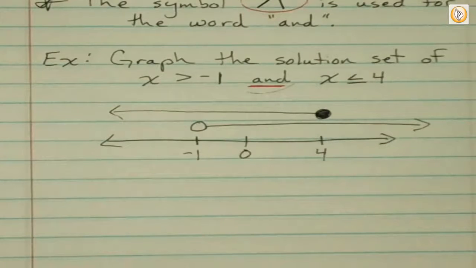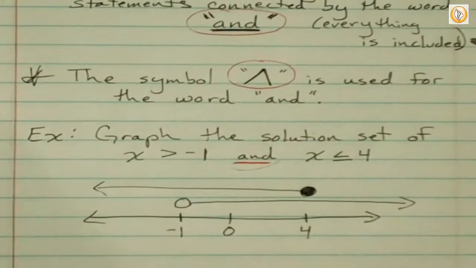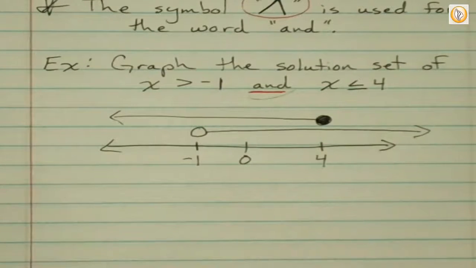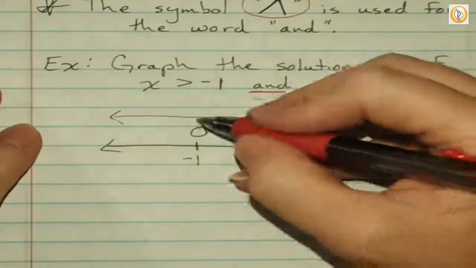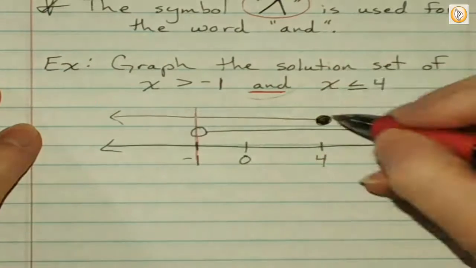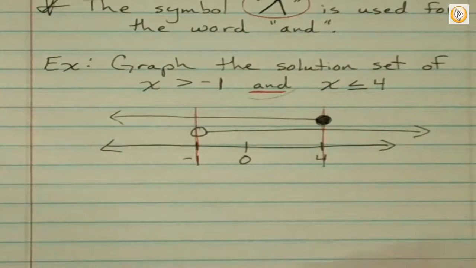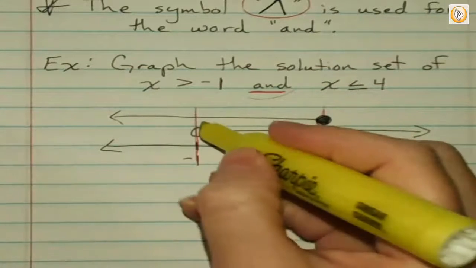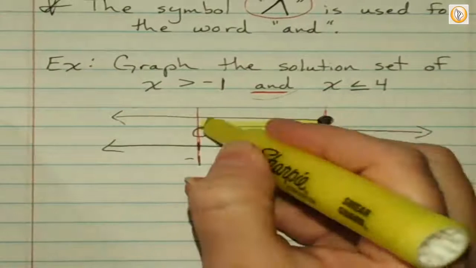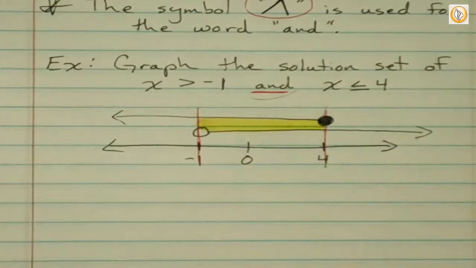Just like Gabby and Cecilia, they both go. Everything is included. So the area where everything is included is between here and here. This area right here is the part where everything is included.